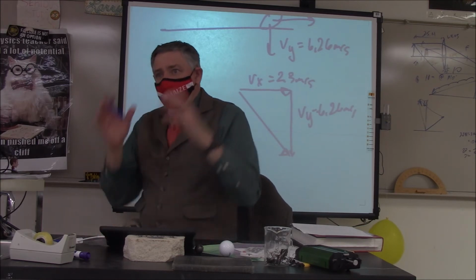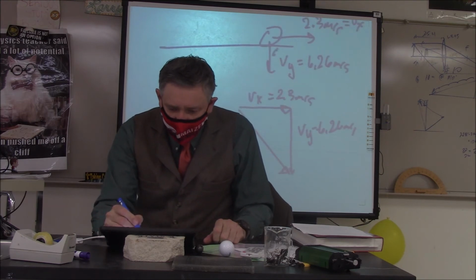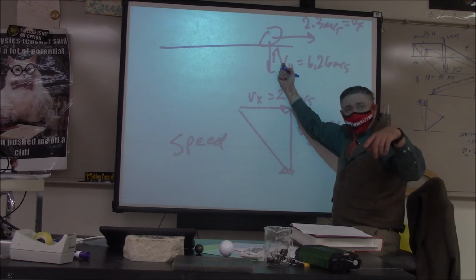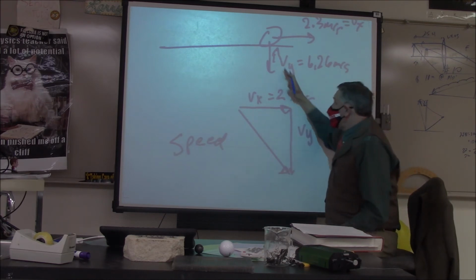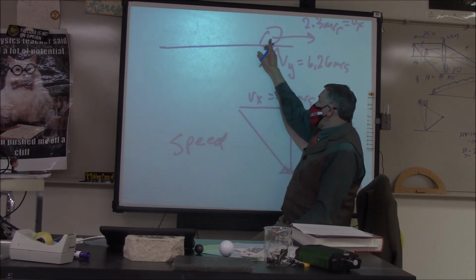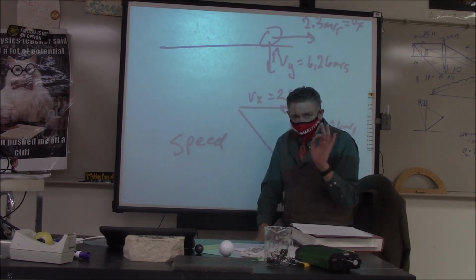Imagine that when this ball was landing, you had a tiny little radar gun, like the cops use to track how fast you're going, and you want to figure out how fast that ball is going right at that point of impact.